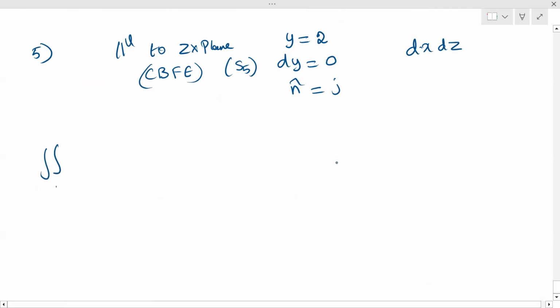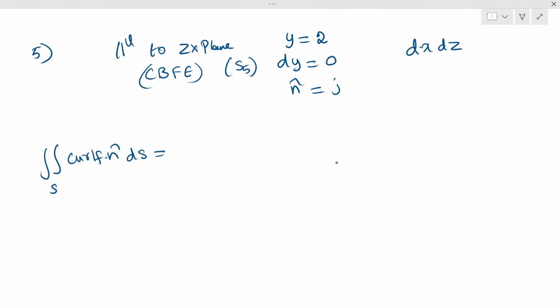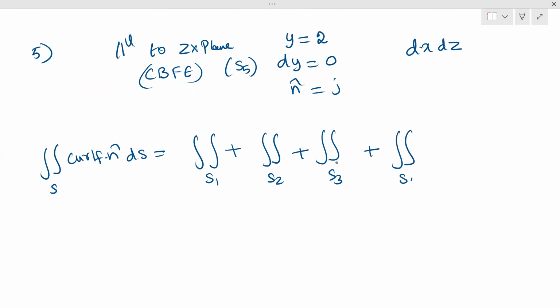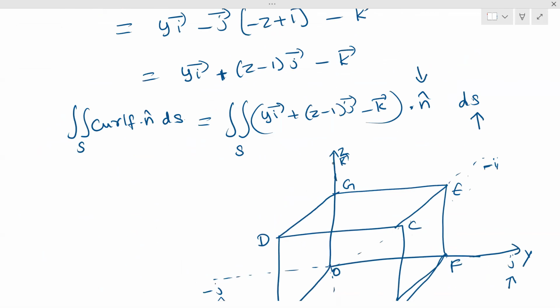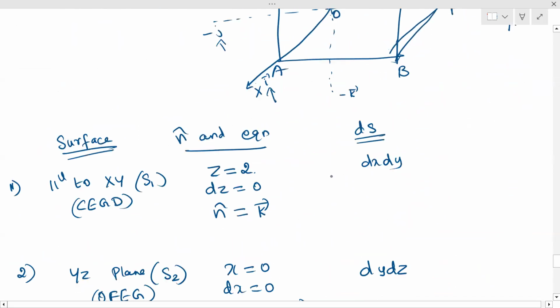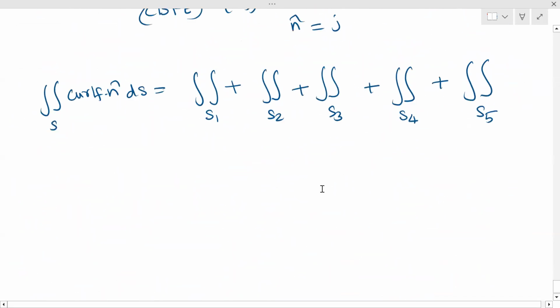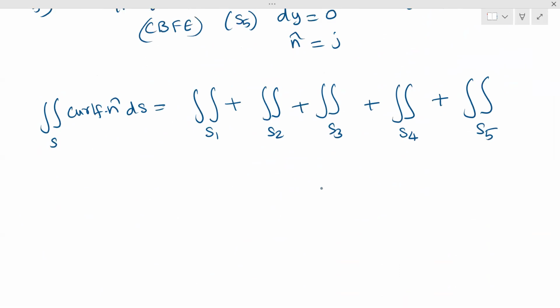The double integral over S of curl F dot n cap ds equals the double integral over S1 plus S2 plus S3 plus S4 plus S5. For each integral we have to substitute the n cap value and ds value, and the limit is 0 to 1. When we do all this, we will get our answer, which is equal to the same one, that is minus 4.